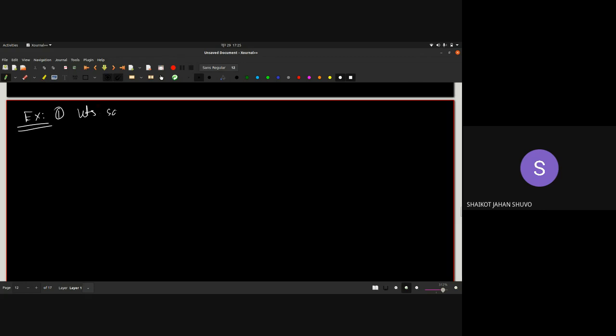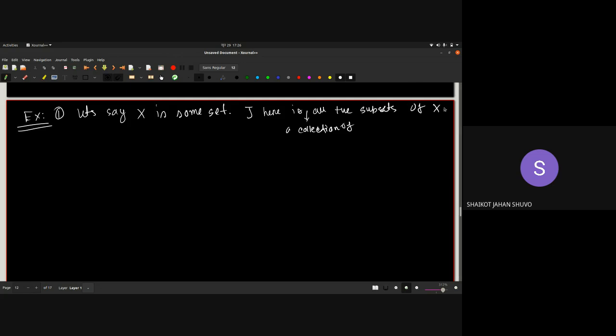Let's say X is some set, and tau, which is a collection of open sets, is a collection of all the subsets of X. Can you understand that if I put this condition, the fact that tau collects all the subsets of X, that will introduce a topology over X?